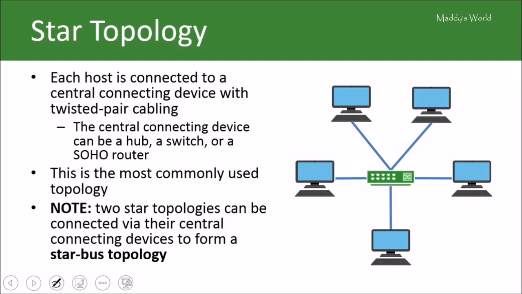Note, though, that you can actually connect two of these star topologies to each other via central connecting devices. And this type of topology is called a star bus topology. So we would connect the central connecting device to another one here that would then connect to computers elsewhere, right? All right, let's keep moving.